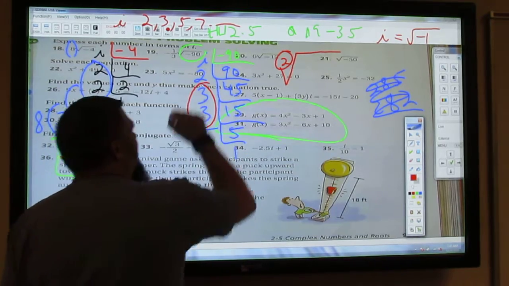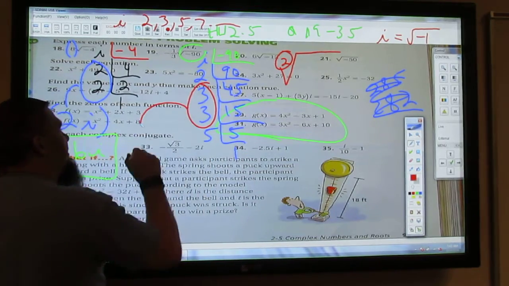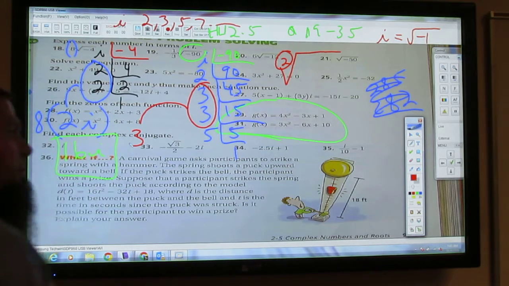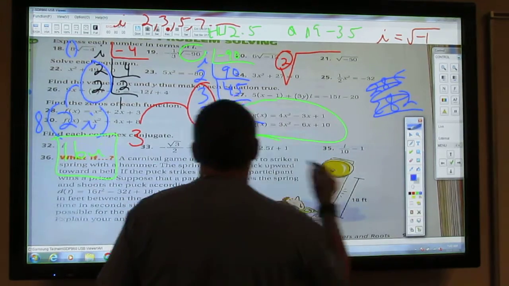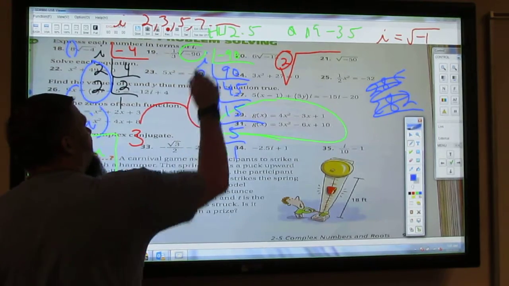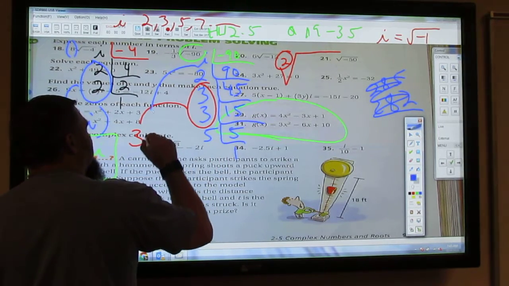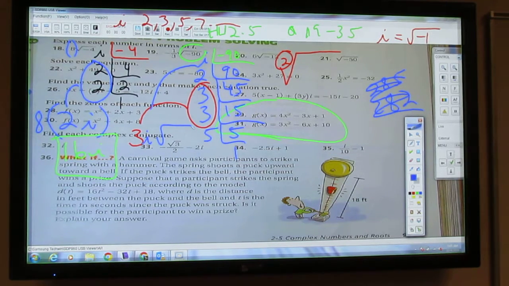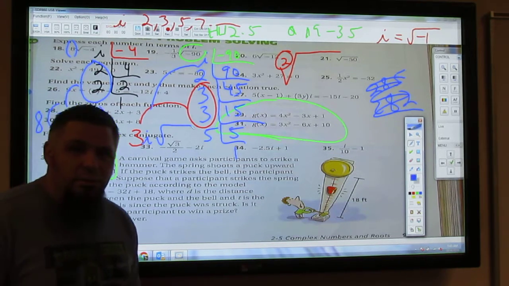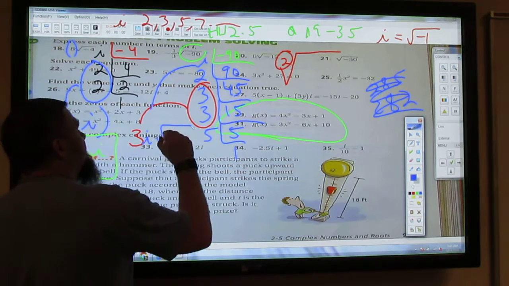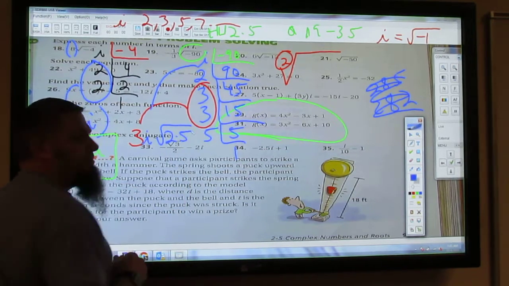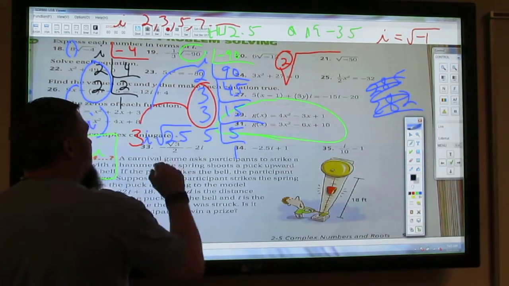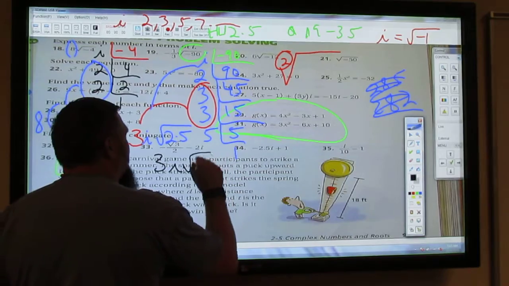I see a pair of 3s here, so that's going to come outside the box, and the i is going to come outside the box too. Whatever isn't circled goes inside the box. What's not circled? 2 and 5. What is 2 times 5? 10. So what we have here is 3i square root of 10.